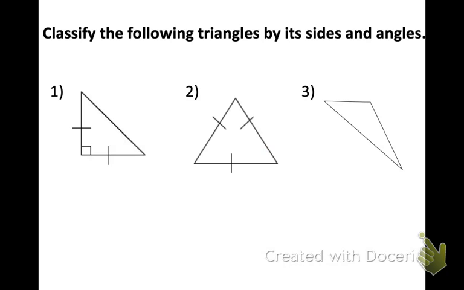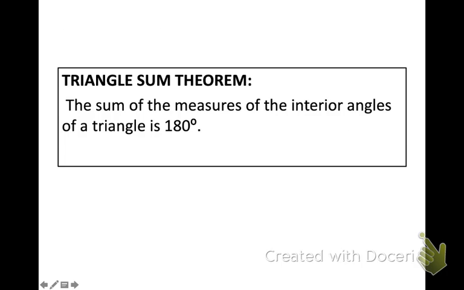Okay. So now we need to get to the triangle sum theorem, which you guys already know. The sum of the measures of the interior angles of a triangle is 180 degrees.